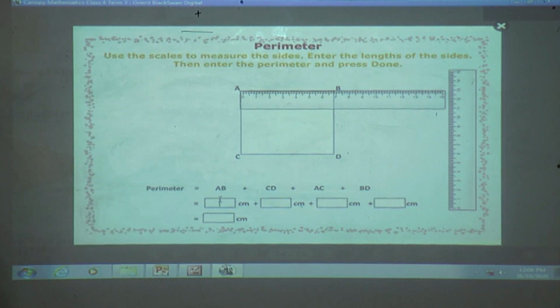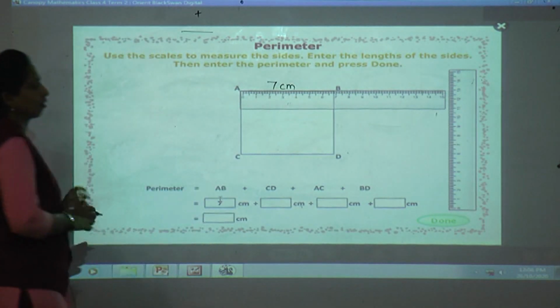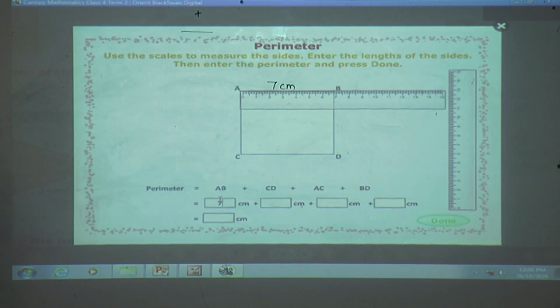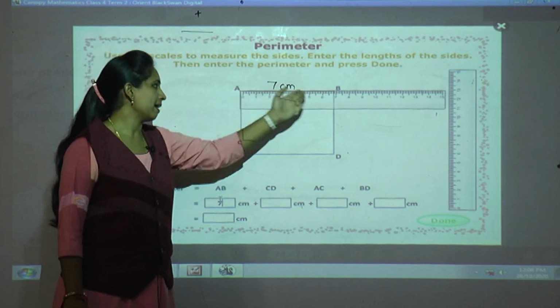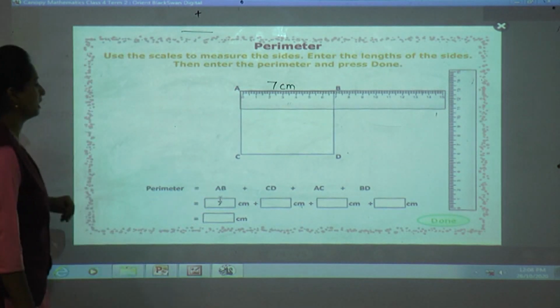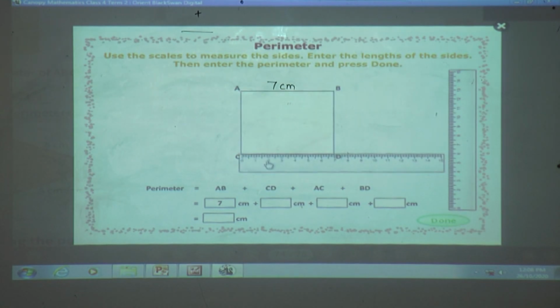So directly I will write here 7. Okay, this is 7 centimeter. Now opposite sides are always equal. Okay, AB is equal to CD. So of course CD is also 7 centimeter, but still I will keep the ruler. We will just cross check.